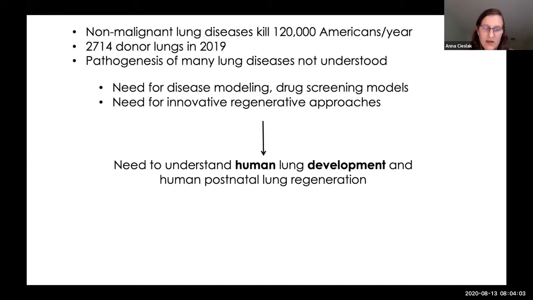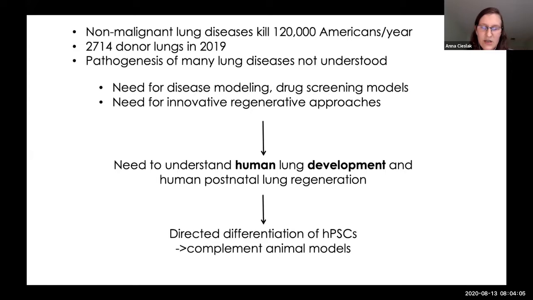So the idea here is that a direct differentiation of human pluripotent stem cells, which are unspecialized cells that can give rise to particular cell lineages, is considered to be a highly reliable system complementary to animal models.